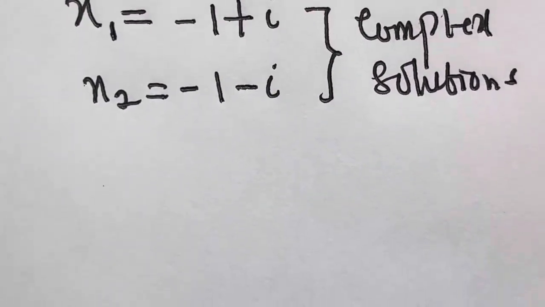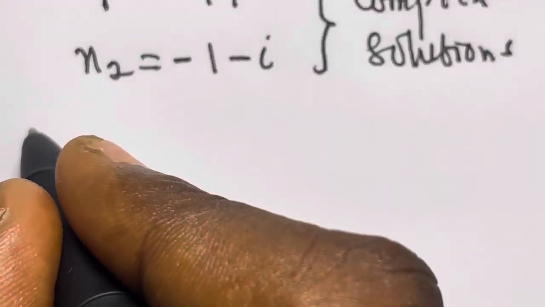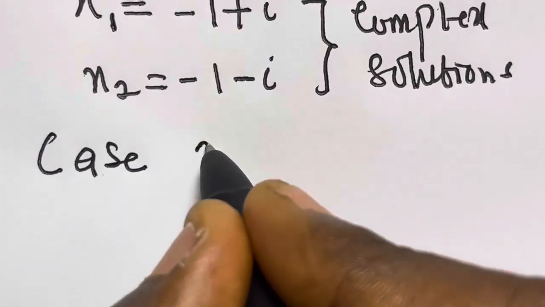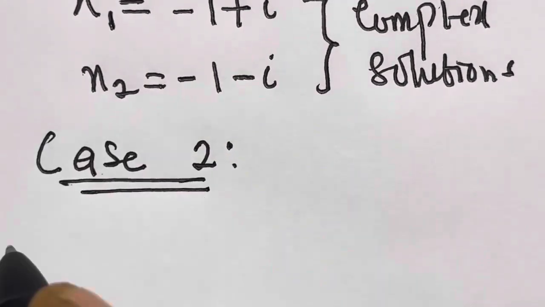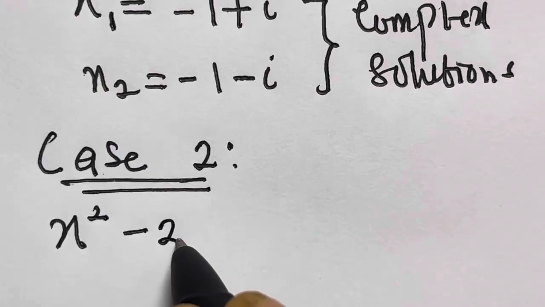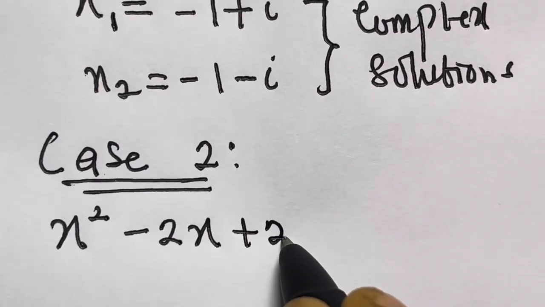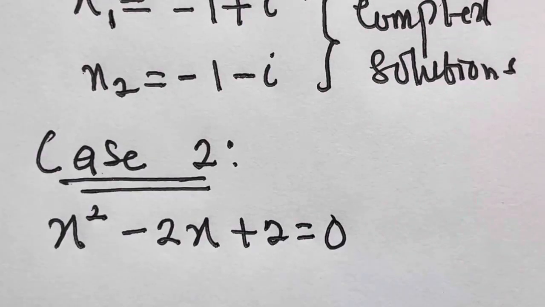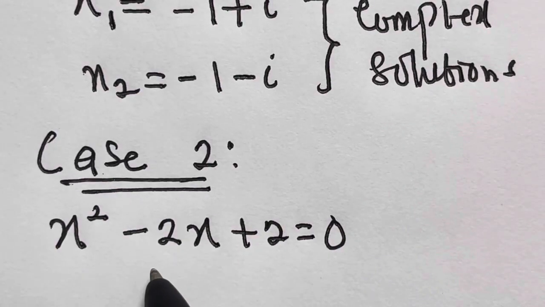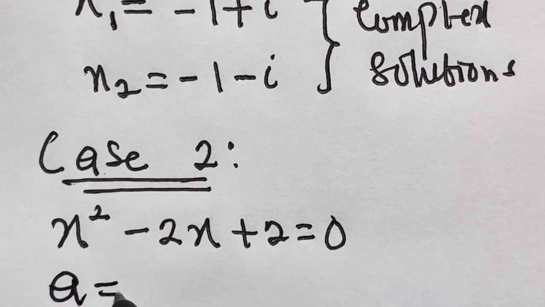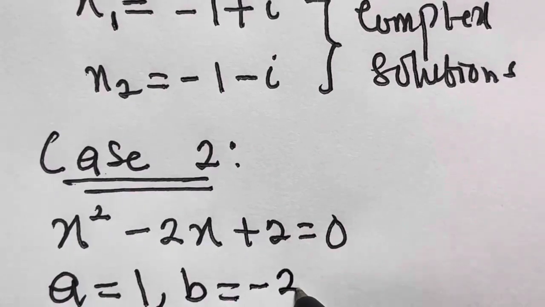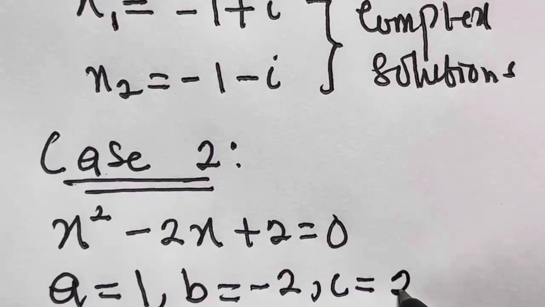So for the second case, we have case 2: x squared minus 2x plus 2 equals 0. So here this is a quadratic equation, we have to solve it quadratically. We can declare a to be the coefficient of x squared, that is 1, b the coefficient of x, that is minus 2, and our c, the constant, equals 2.